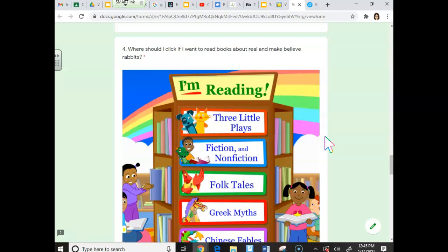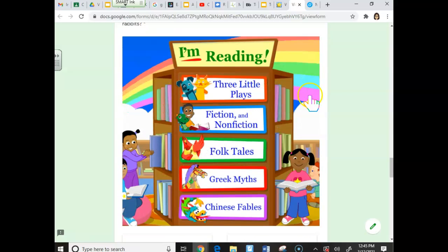Now, Miss Spires got this right off of Starfall. This is an electronic menu. Where should I click if I want to read about real and make-believe rabbits? Real and make-believe rabbits. That would be fiction and nonfiction. So I would click here.